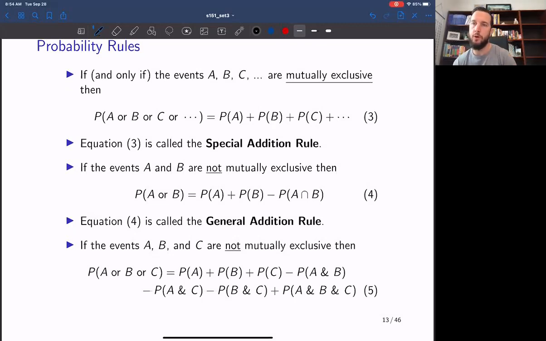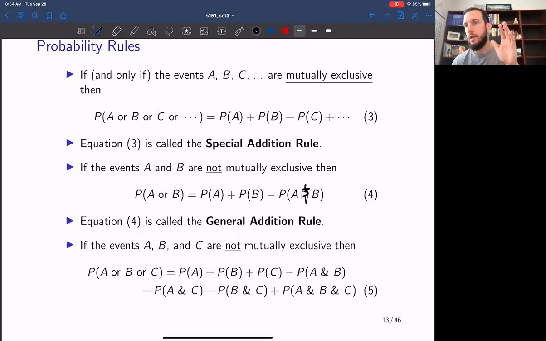Equation 4 says, if we have event A and event B, and we want their union, and we know that they are intersecting, then the probability of the union is equal to the probability of A plus the probability of B minus the probability of A intersect B. If there are 3 events in the space, you can see via equation 5 that the probability of the union becomes more complicated.